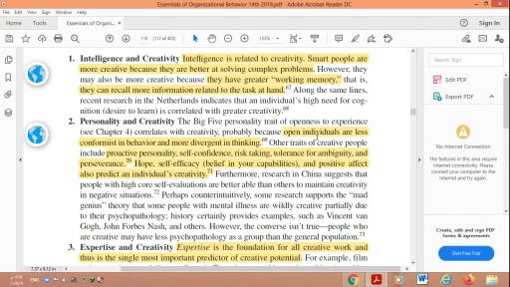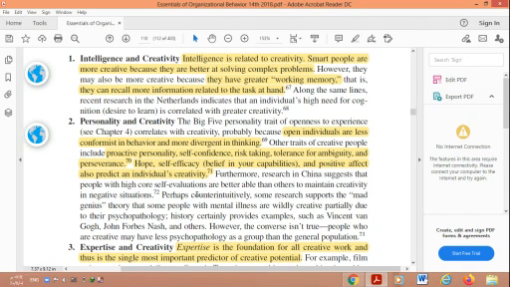So open individuals are creative persons, because they accept new ideas and accept the opinions of others. As for other traits of creative people, such as proactive personality, self-confidence, risk-taking, tolerance of ambiguity, and perseverance.